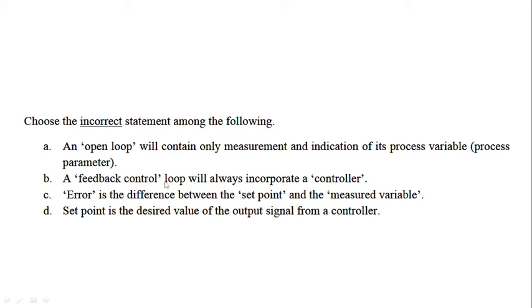This error will be sent to the controller. The controller will be using PID control and other things. They will be reducing the error and checking again. They will be checking with the measuring device whether the error is reduced or not, and it will be delivering to the output.